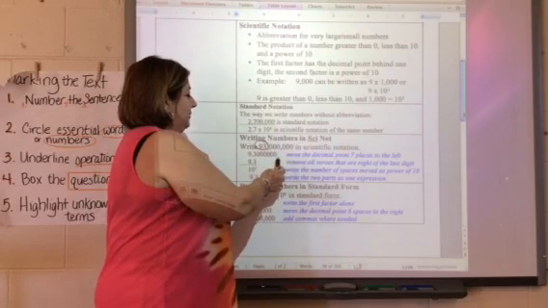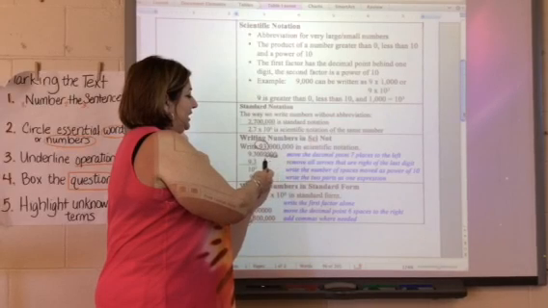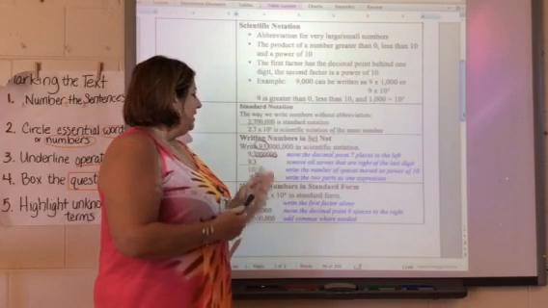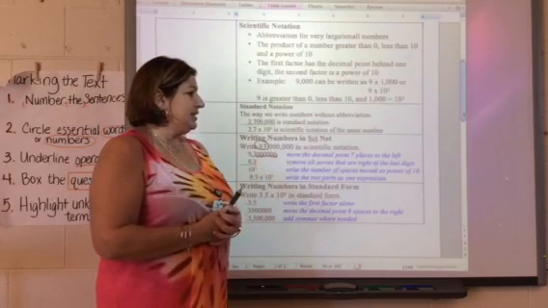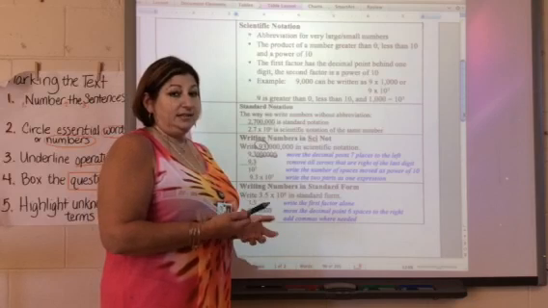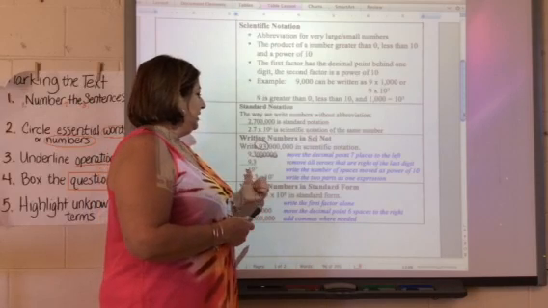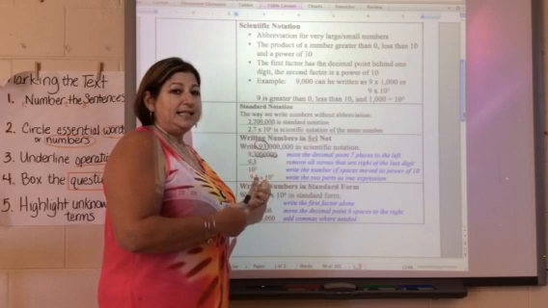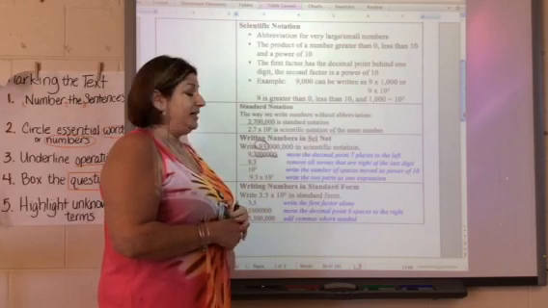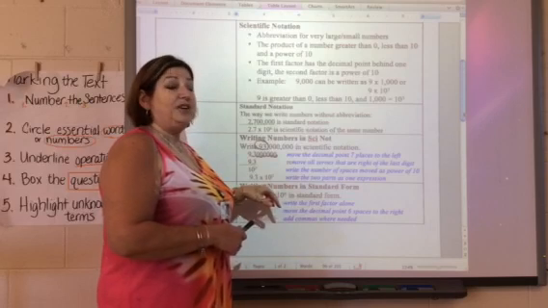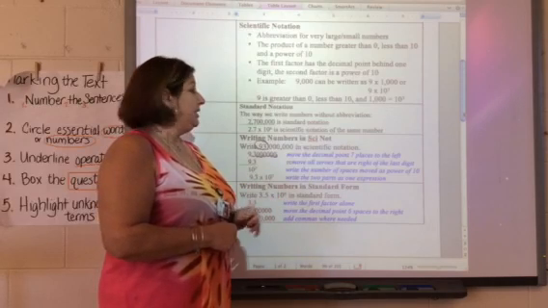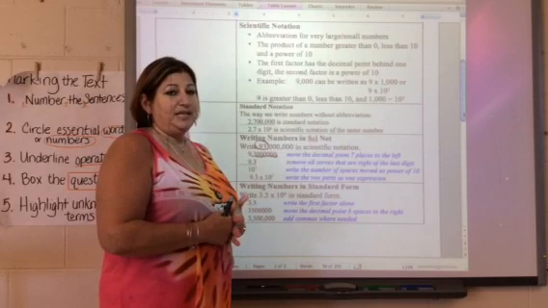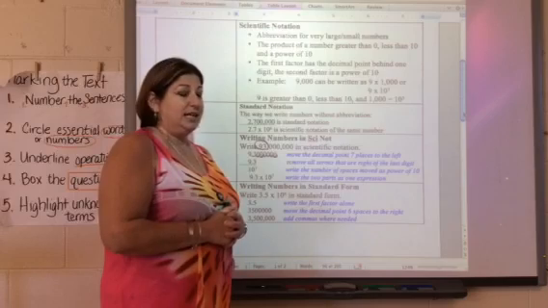So I move it 1, 2, 3, 4, 5, 6, 7 spaces. Then I remove all the zeros that are to the right of the last natural number. I write the number of spaces I've moved as the exponent in the power of 10, and then I write the two factors as one whole term. So 93 million would be written as 9.3 times 10 to the 7th power in scientific notation.